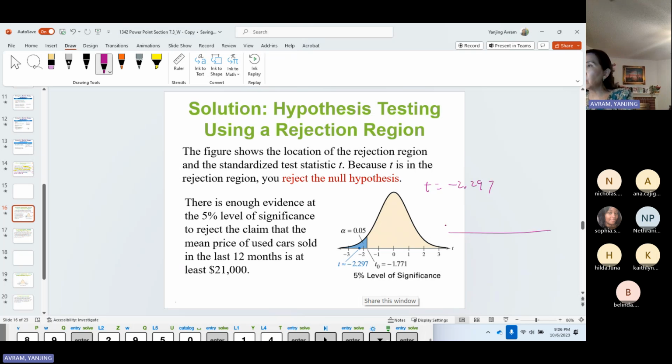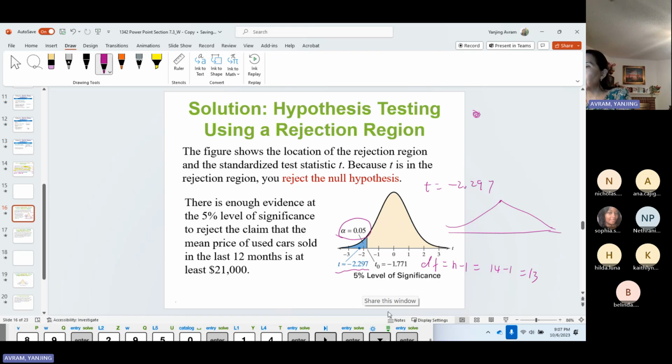If you compare to the critical region, so if you don't find a p-value and just use the critical region, this is my t test score. You need to find the degrees of freedom, which is n minus 1, so 14 minus 1 will be 13, and alpha equal to 0.05.